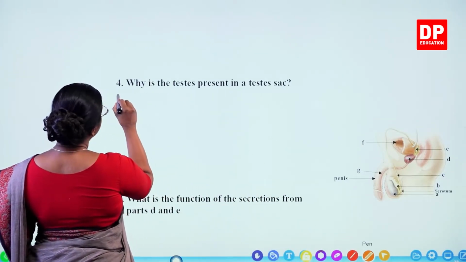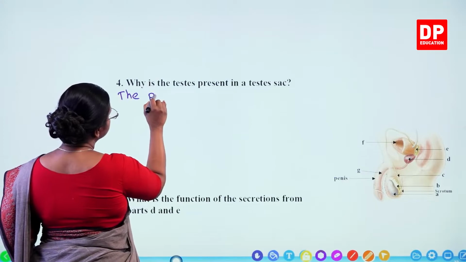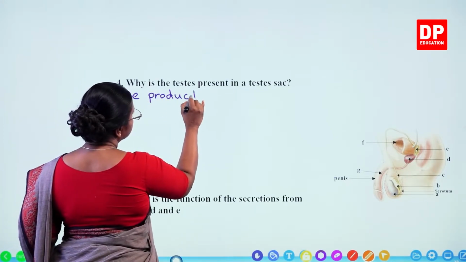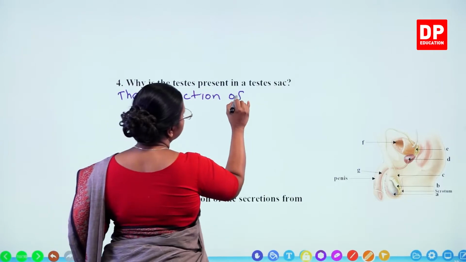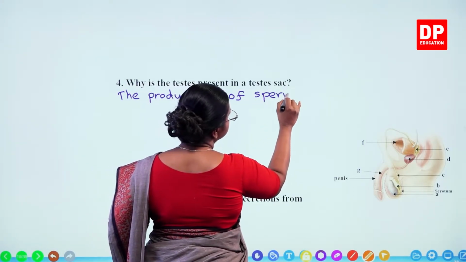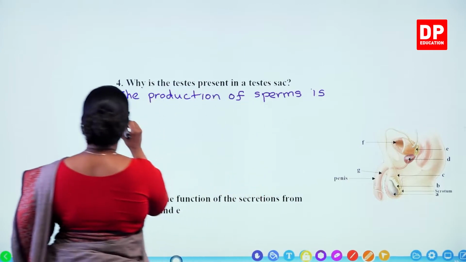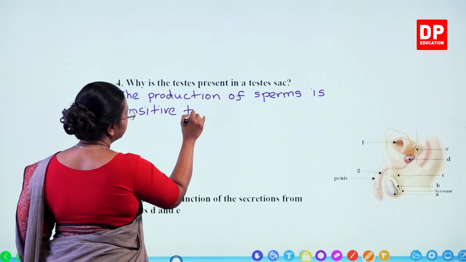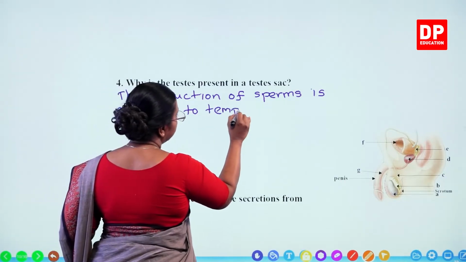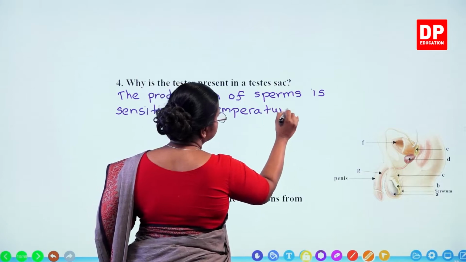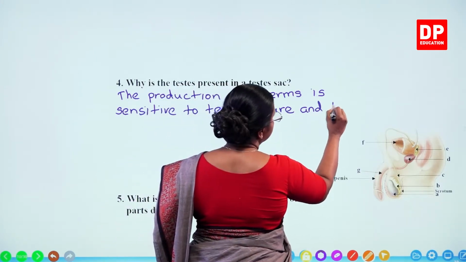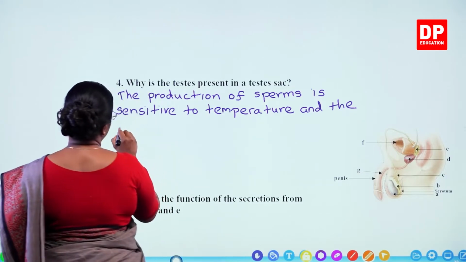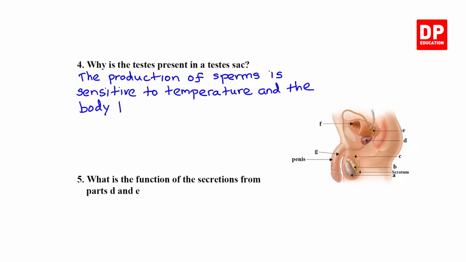So, we can say the production of sperms is sensitive to temperature, and the body temperature is high.